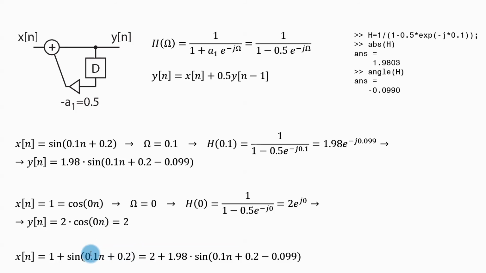So at the output, this will create number 2. This sits at frequency 0.1, so it is being transferred like this, and at the output it will give me this. So this is how you can evaluate how an arbitrary combination of sines, cosines, or a constant is being passed through your filter, just by using the frequency characteristic.